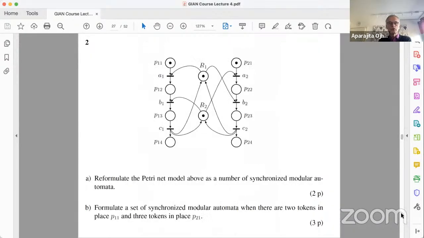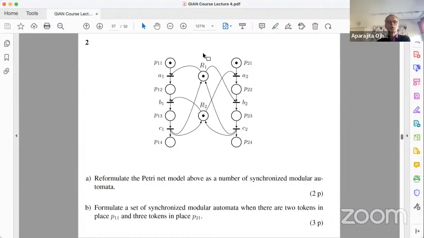Okay, one more example. In this case, we should reformulate this Petri net as a number of synchronized modular automata, and formulate a set of synchronized modular automata when there are 2 tokens in place P1 and 3 tokens in place P21.